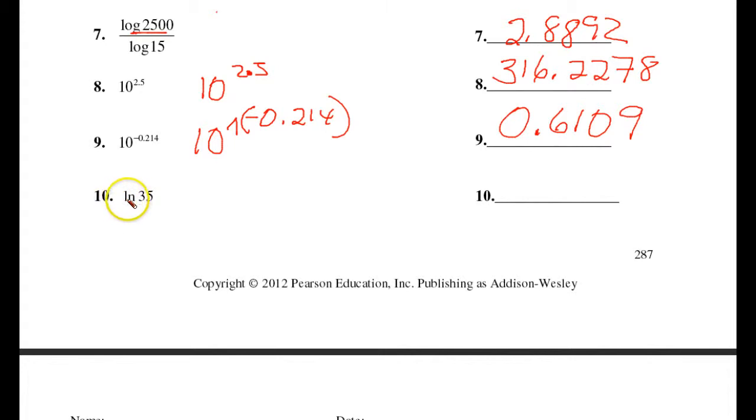Now, this is a natural log, and if you put in natural log, remember that's to base e of 35, you will get 3.5553, rounding it to 4 decimal points.